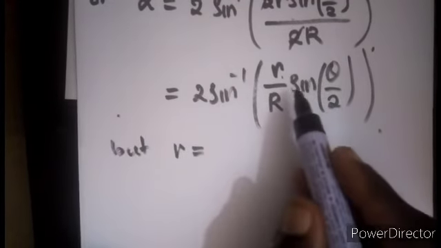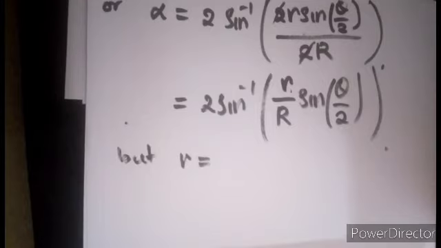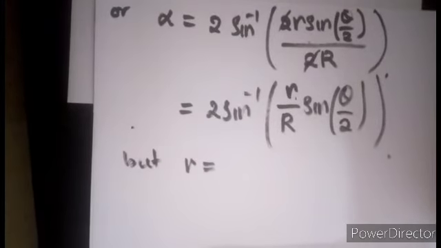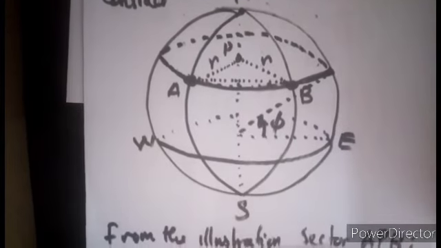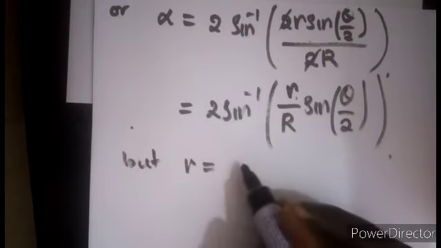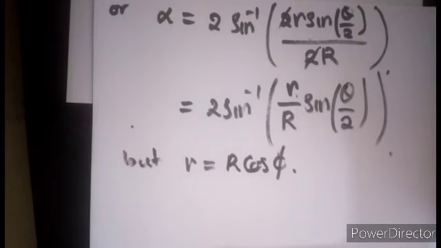Now r here is the radius of that small circle, the small circle for that particular latitude. That's this small circle here, and we have shown already that its radius is R cosine of phi. We proved that earlier.